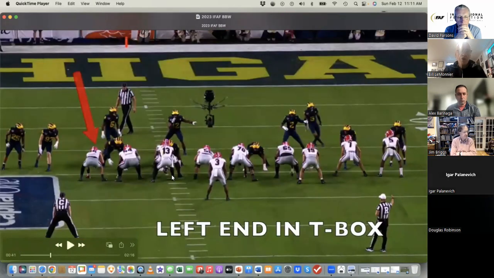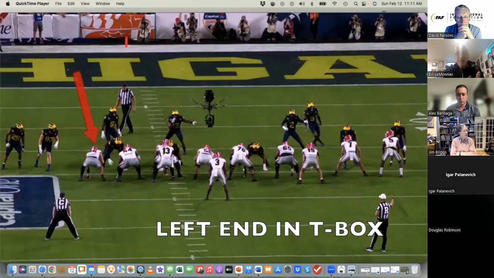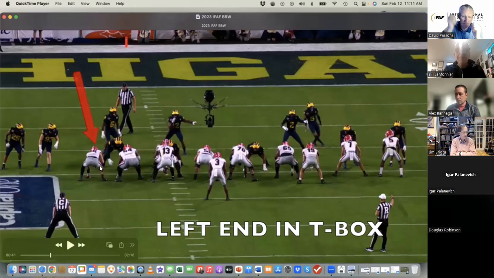Now, here's a situation where the player with the red arrow, we can't see his number, but he's like 84, is in the quote tackle position, but he's on the end of the line. He's the end. This is the exception: can an end be in the tackle box? The answer is yes, if he's the second player from the center.